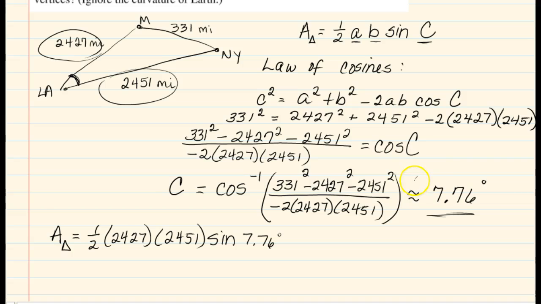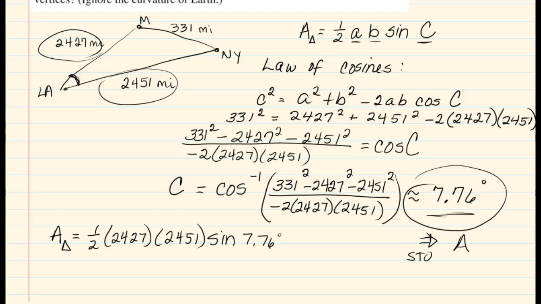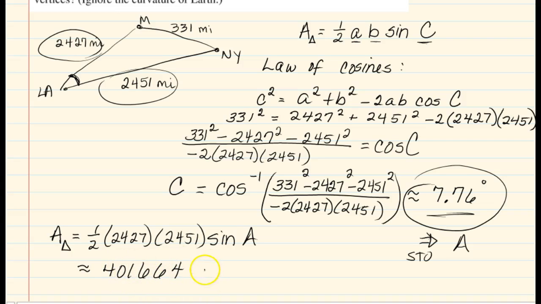And again, what we can do is put that as a store key, and then we can put it whatever angle we want. We'll call it A, so that in our calculator we can actually type in A here. And we will find that our area is approximately 401,664 square miles. And that concludes this video.